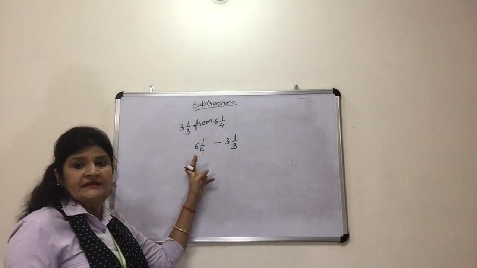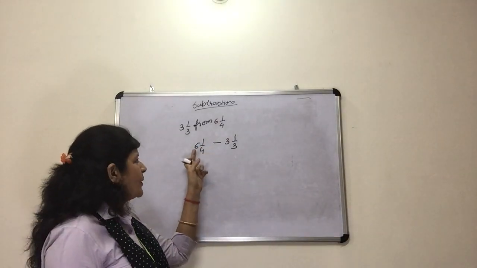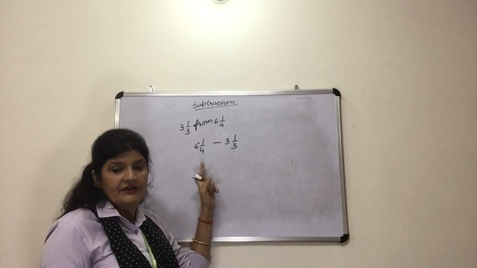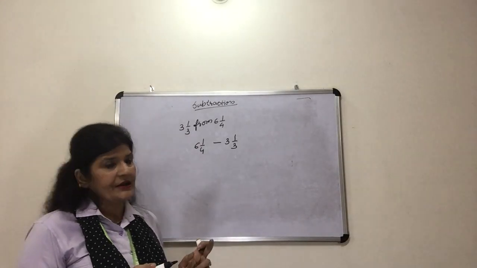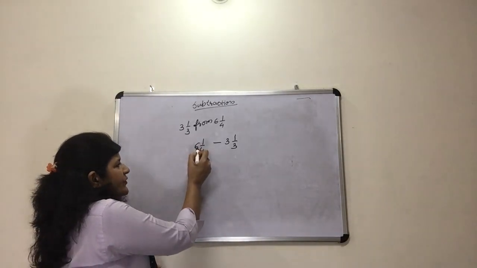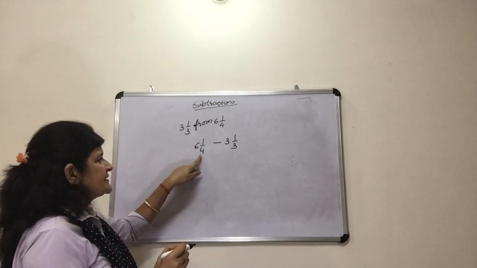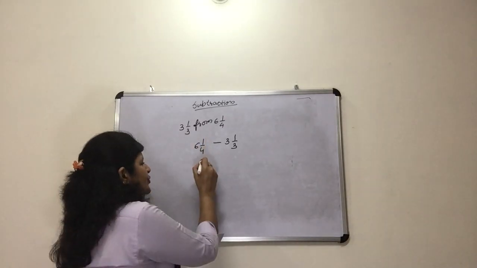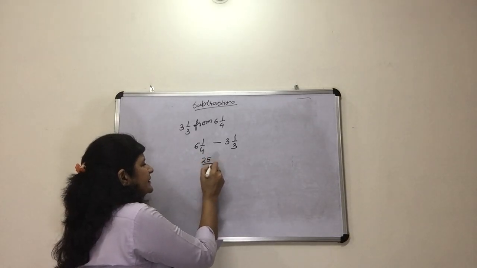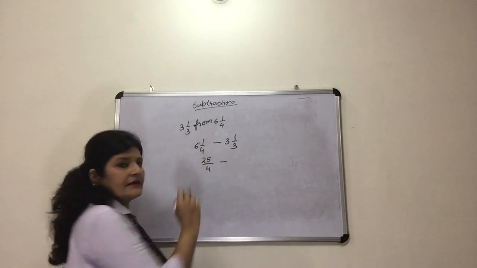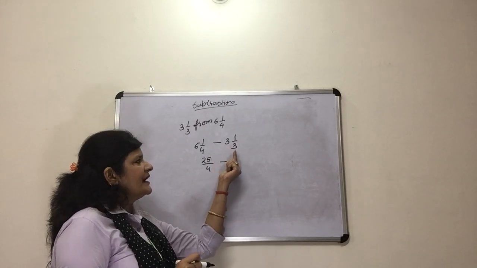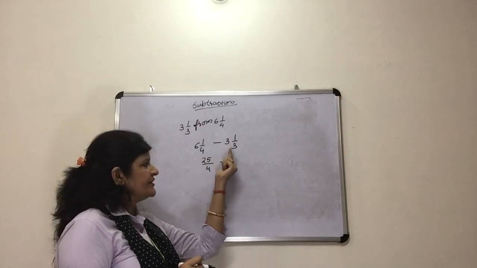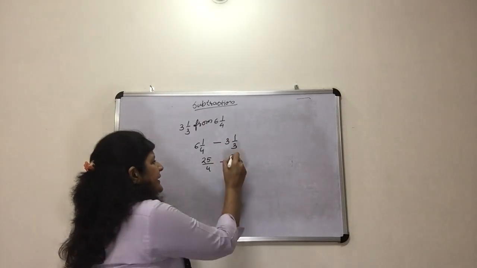We will convert this. This is a mixed fraction, a whole number and a proper fraction. So first of all, we will convert it into an improper fraction. So we just multiply these two. 6 4s are 24 and this has 1 added, so 25. Right? Now 3 3s are, we will multiply these two numbers. 3 3s are 9 plus 1, 10.